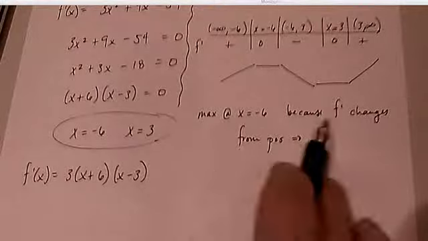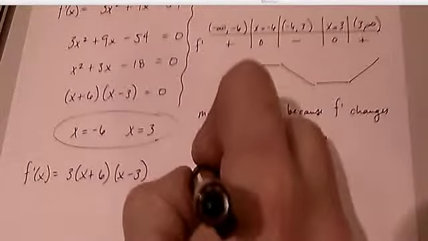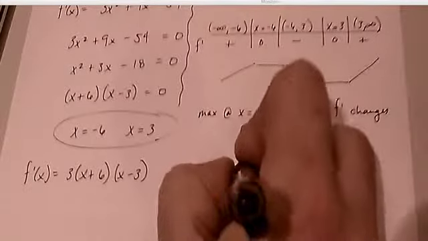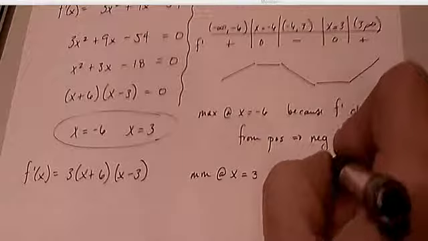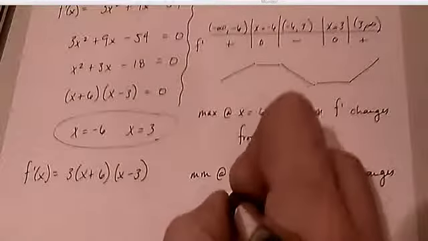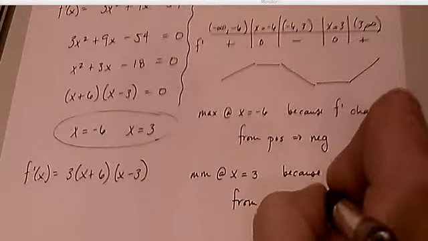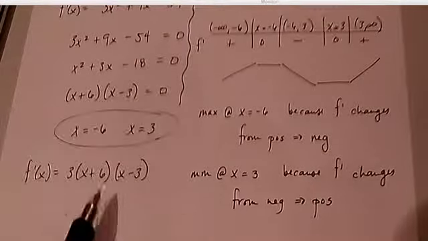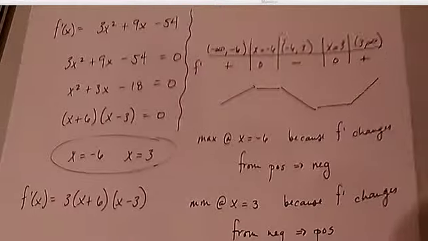And then you would say you have a minimum at x is equal to 3, okay, because f prime changes from negative to positive. And that is how you identify extrema on a particular function.